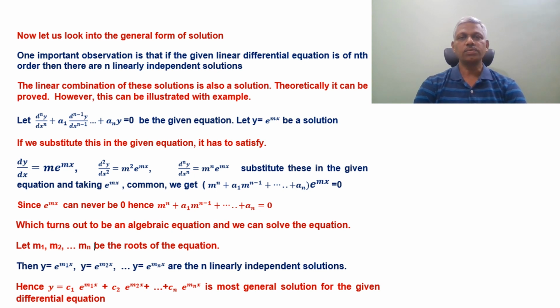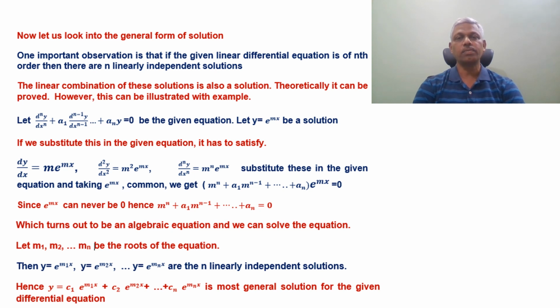Finding the derivatives, dy by dx is m e^(mx), the second order derivative is m^2 e^(mx), the third order derivative is m^3 e^(mx), and so on, the nth order derivative is m^n e^(mx). Now if we substitute all these in the given differential equation, we can take e^(mx) as common, and the equation reduces to (m^n plus a1 m^(n-1) and so on plus an) times e^(mx) is equal to 0. Now it can be observed as a product of two terms.